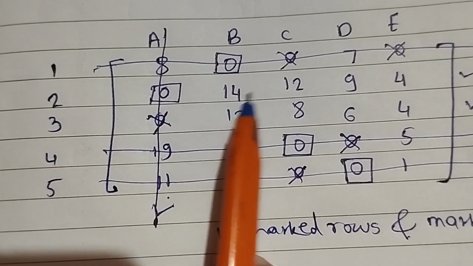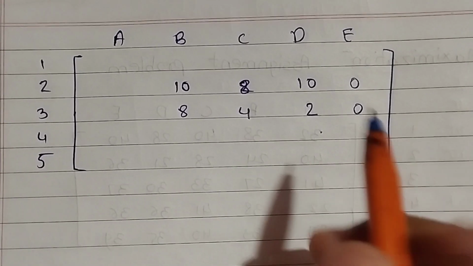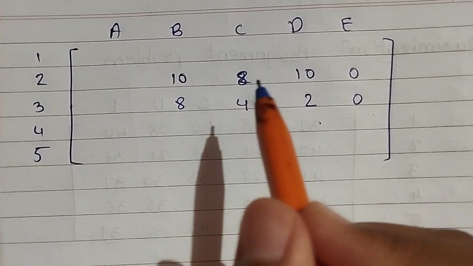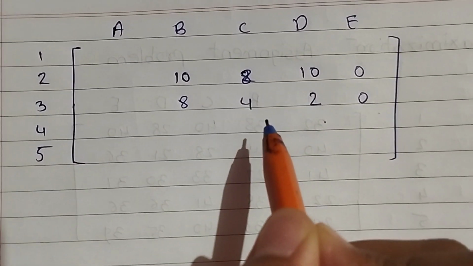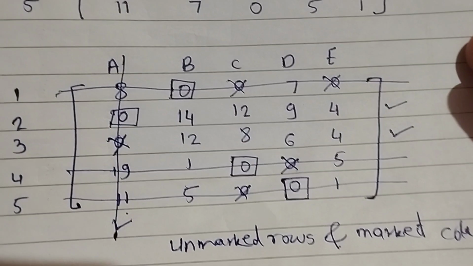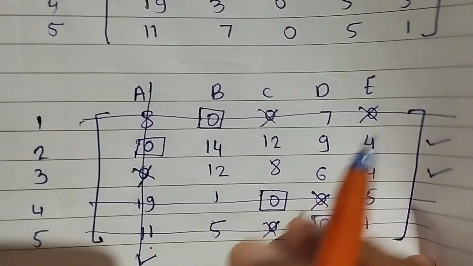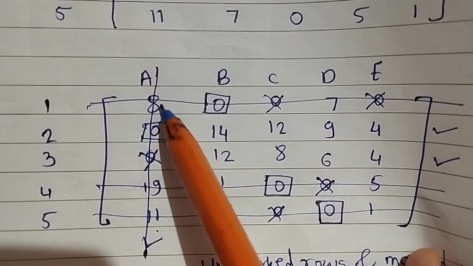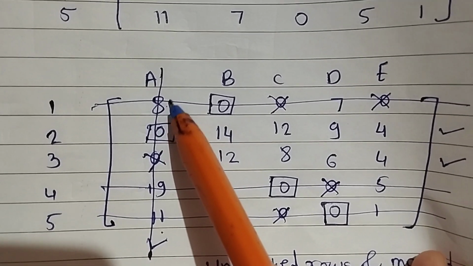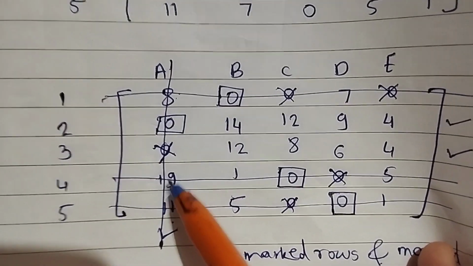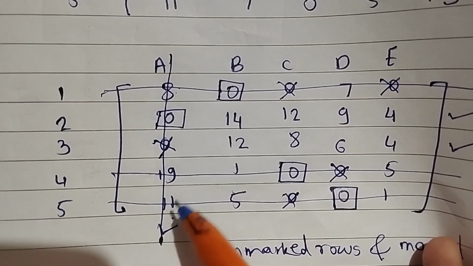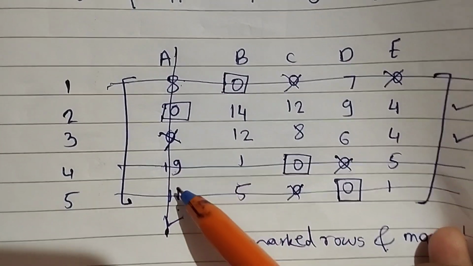So 14 minus 4 is 10. So here first we subtract 4 from the uncovered elements. Now add 4 at the intersection points, meaning 8 plus 4 is 12. Now here 19 plus 4 and 11 plus 4, because these are the intersections of the two lines.